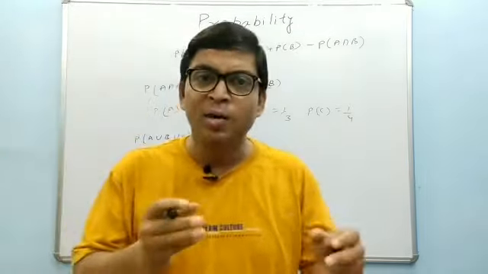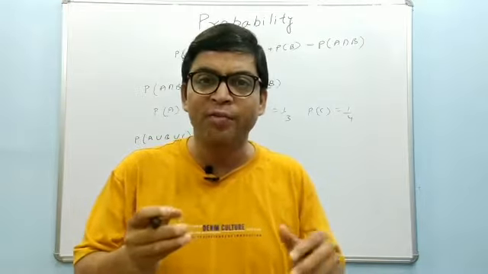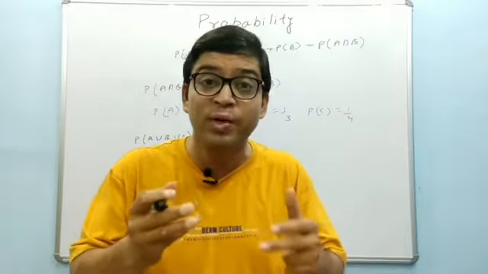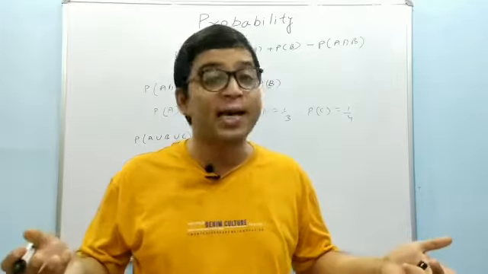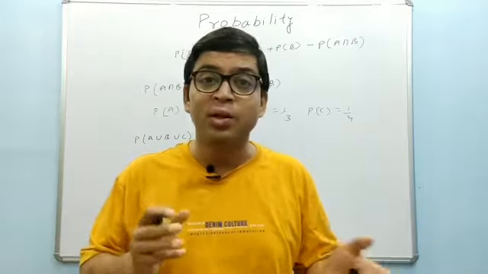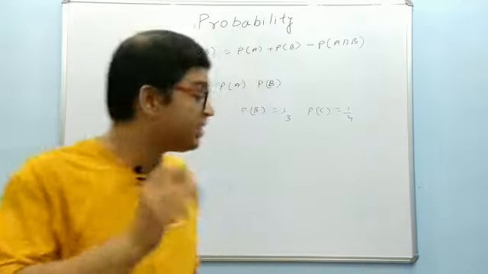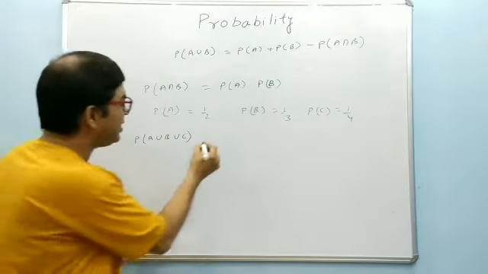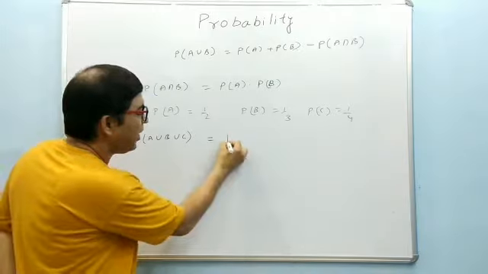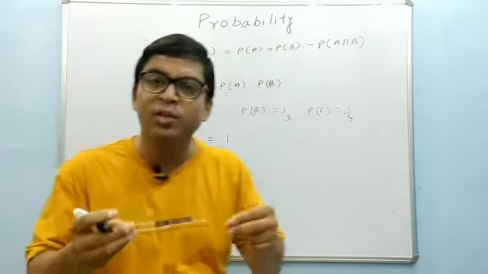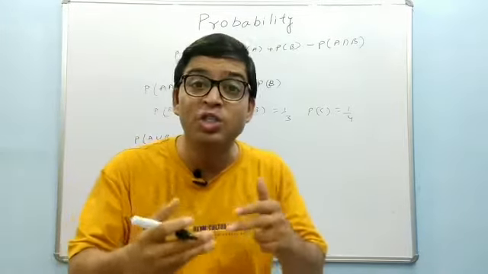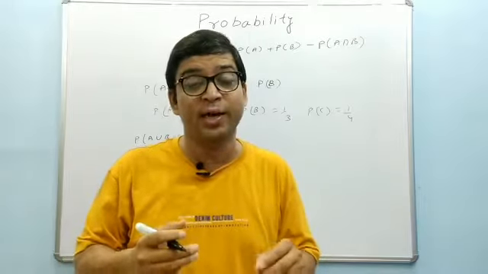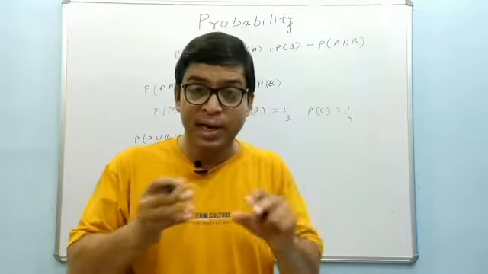And the events of solving by the 3 students are mutually exclusive, that means not dependent on each other. So either this or this or this means total event, because they are exhaustive events. Only 3 students are there. PA plus PB plus PC, exhaustive event.